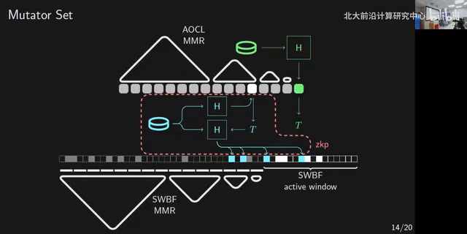So at the bottom line, the mutator set actually has different states. For each bit, it could be empty, unspent, or spent. Three kinds of states. But how do you record three different states with only one bit? Because when you add an item to the mutator set, you don't touch the sliding window Bloom filter.